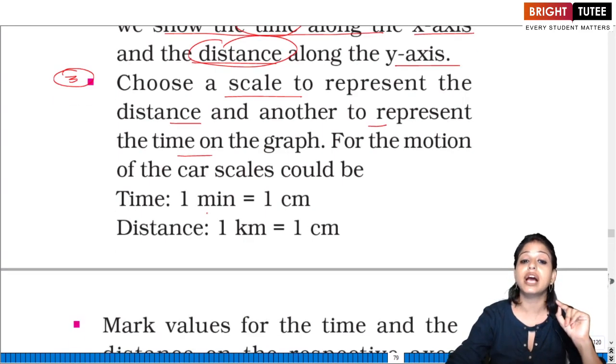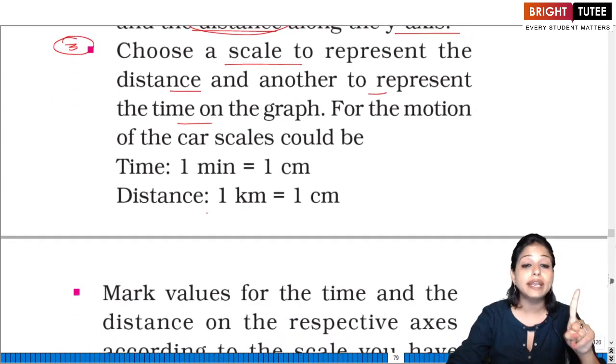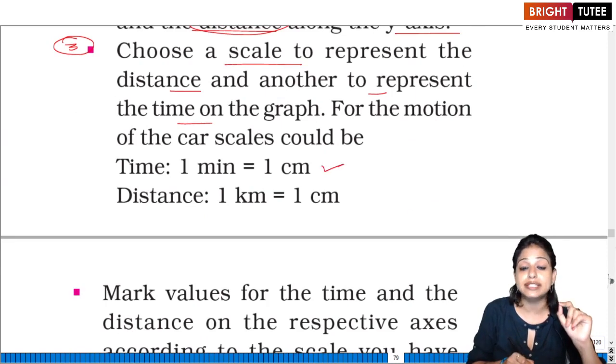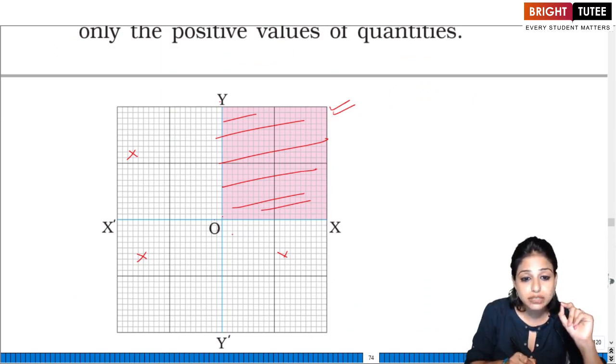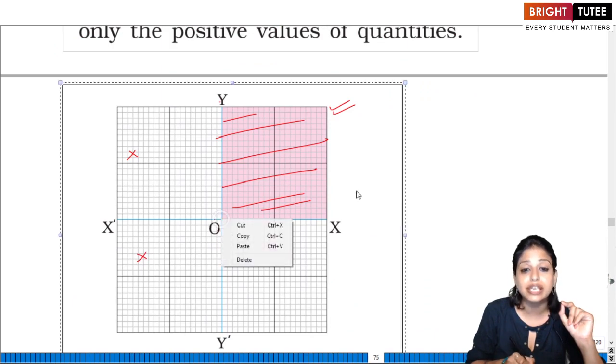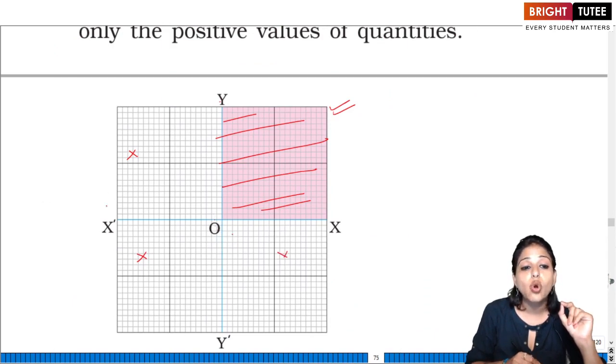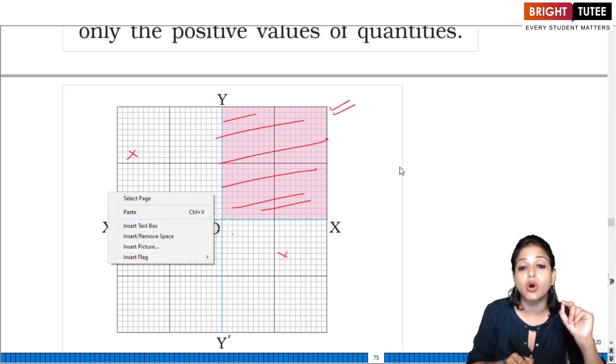For the motion of the car here, what we have, 1 minute is given to be 1 centimeter. Now on the graph sheet, students, if we go back, your graph sheets are drawn such that each of these little boxes you can see is equivalent to 1 centimeter of distance.